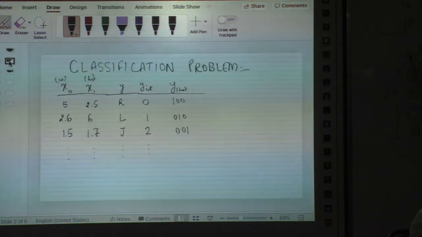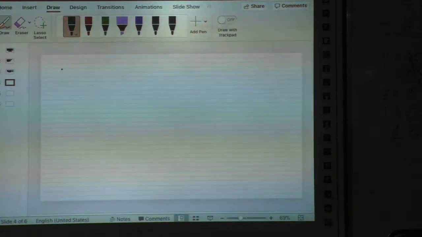Fine? Okay. Now, what should be my error function? Let me go to the next slide. Now I have 3 y hats, 0, 1, 2. I can represent it like a neural network also, no problem. Let's say I have no hidden layer, just to make it simpler.